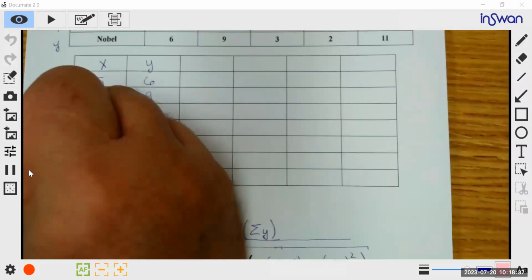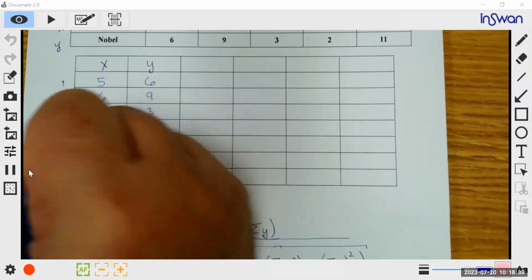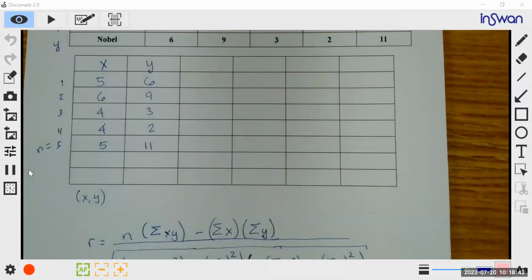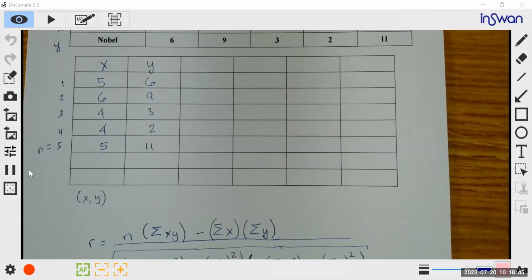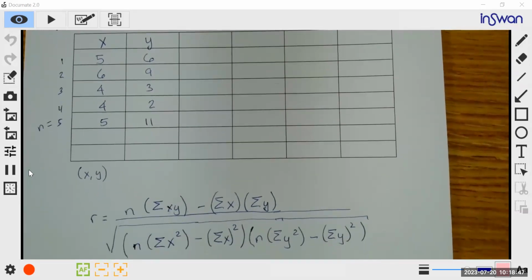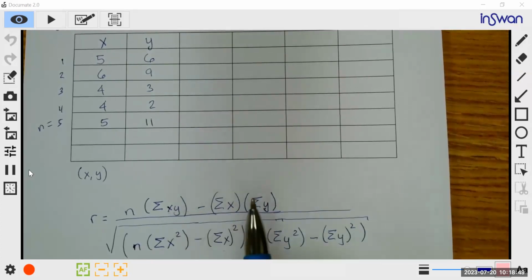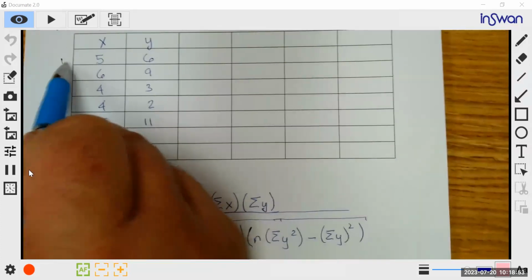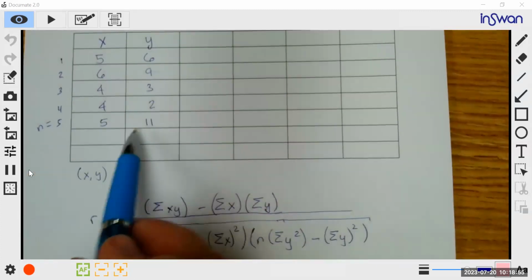And so our ordered pairs, here's 1, 2, 3, 4, 5. So our n is 5. Count them. Look, I just labeled it. How many ordered pairs do I have?